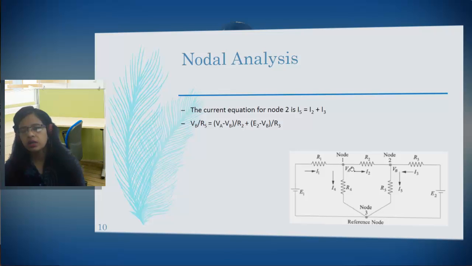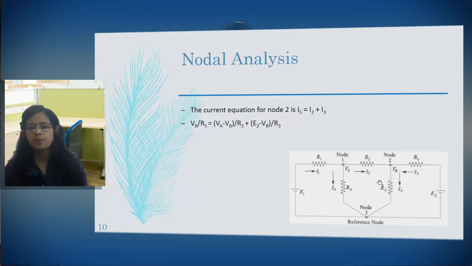So if we are asked to find out the voltage at VA, then we'll solve the two equations and find out the value of VA. Similarly, if VB is to be found, we put the values in the equations, solve the two equations and find out the value of VB.